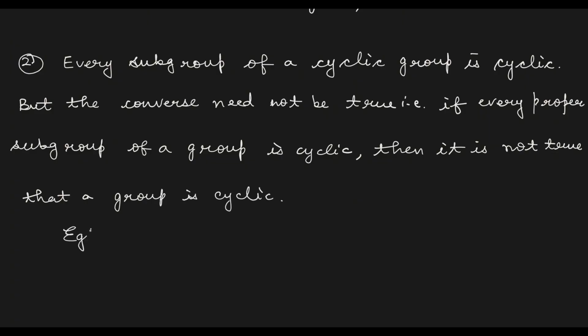For example, U8. If I take any proper subgroup of this U8, it will be cyclic, but U8 itself is not cyclic, because we discussed yesterday that we were not getting any element whose order is equal to the order of the group. Its order was 4.